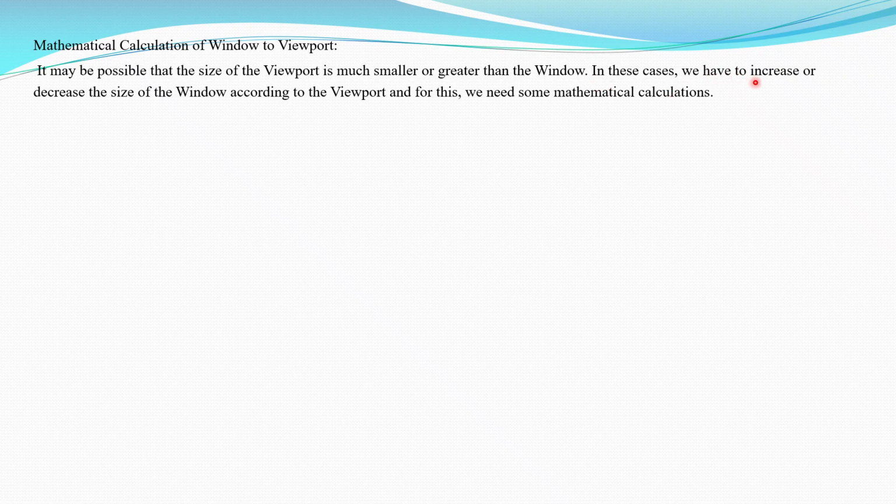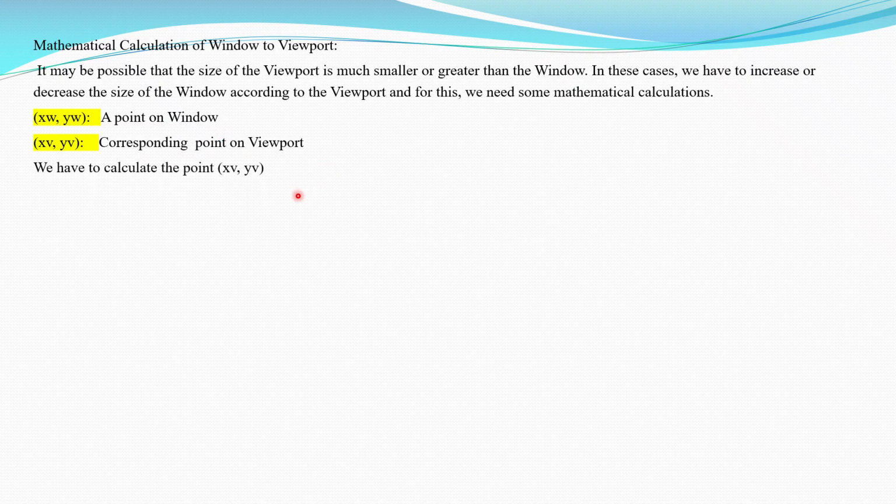In these cases we have to increase or decrease the size of the window according to the viewport, and for this we need some mathematical calculations. So here xw, yw indicates a point on a window, and xv, yv is the corresponding point on a viewport. We are calculating the point xv, yv for the viewport.